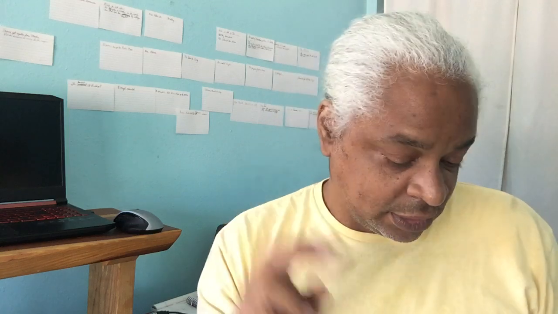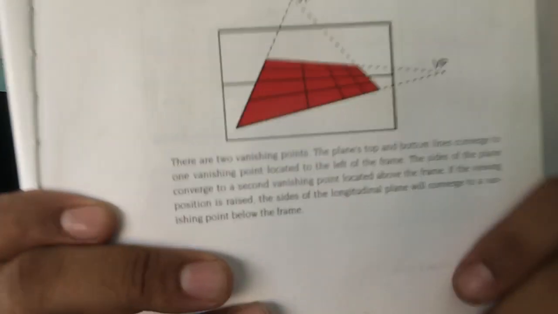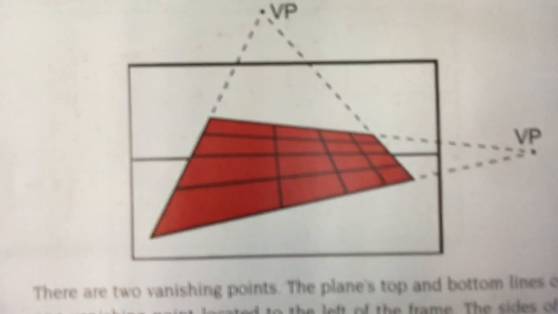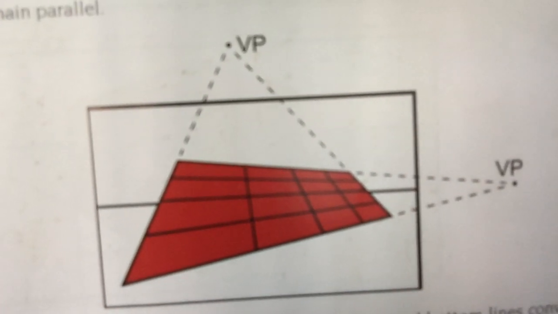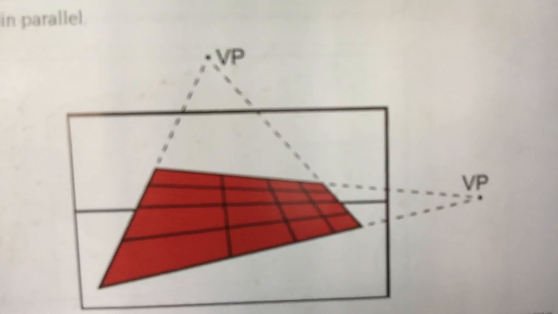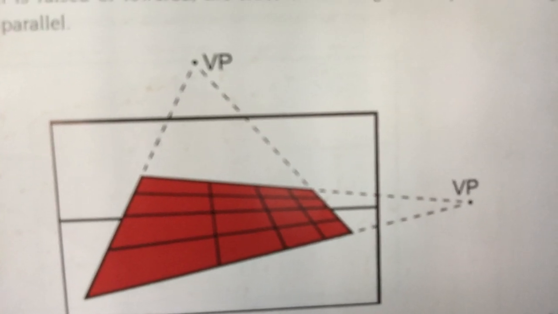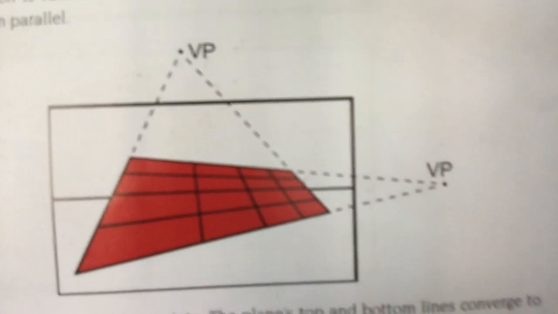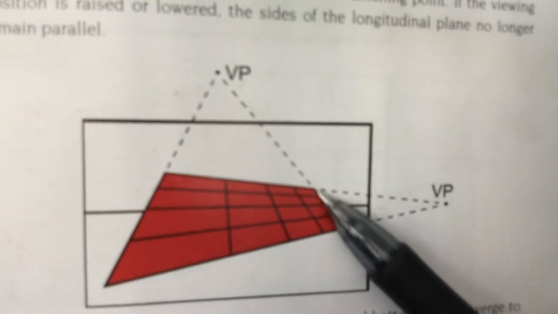Now we can have 2 vanishing points, and that's going to give us 2 point perspective. And here's an example of 2 point perspective. And in this case, the vanishing points are happening off screen, but you can see how they are skewed.